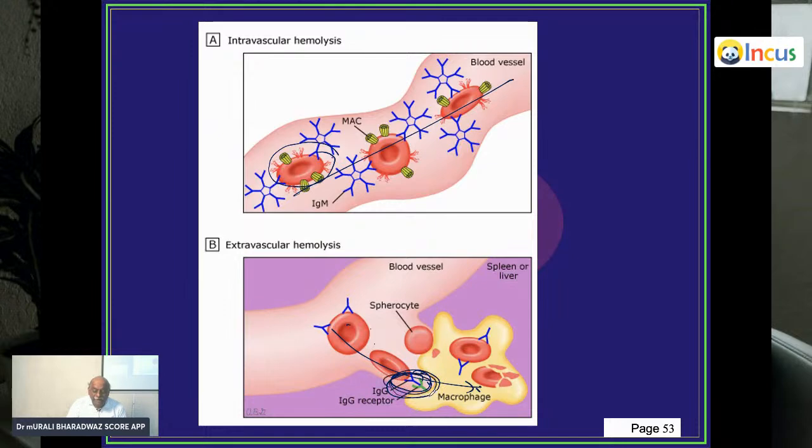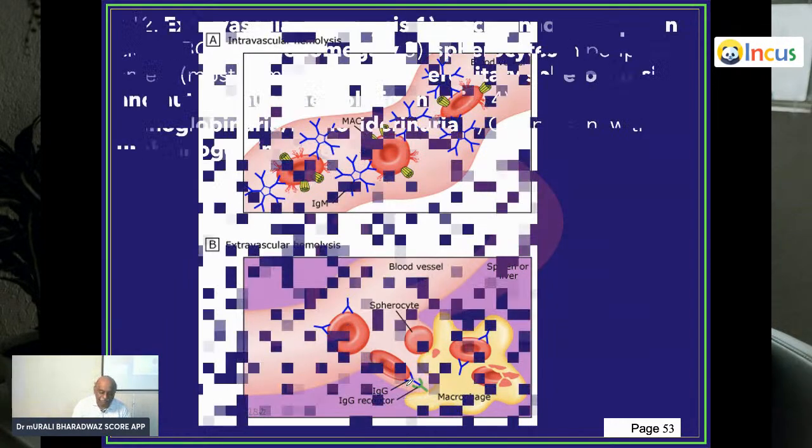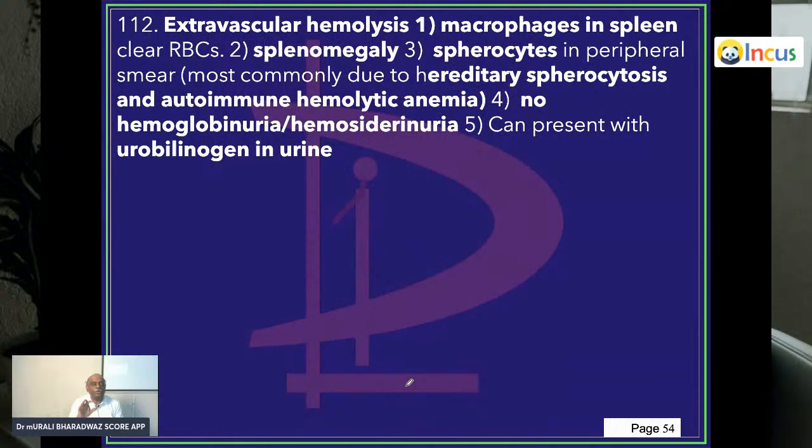They identify the immunoglobulin G on the RBC and break it down. That is extravascular hemolysis, which occurs in the spleen. Coming to extravascular hemolysis, what will you remember, doctor? It is the macrophages in the spleen which are slaughtering the RBCs, is what you need to remember.